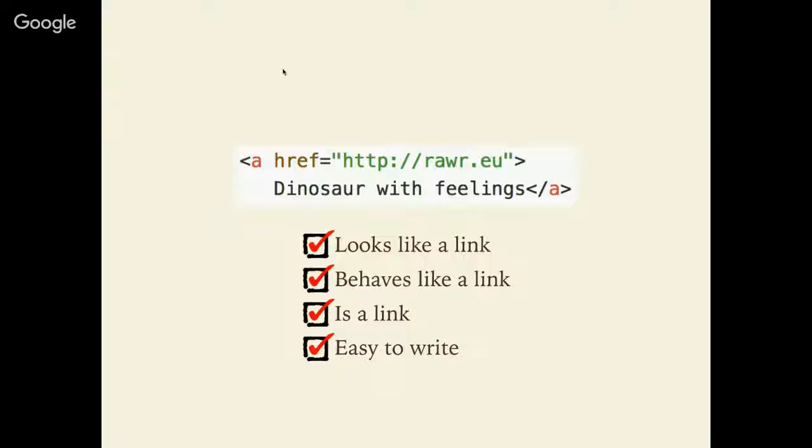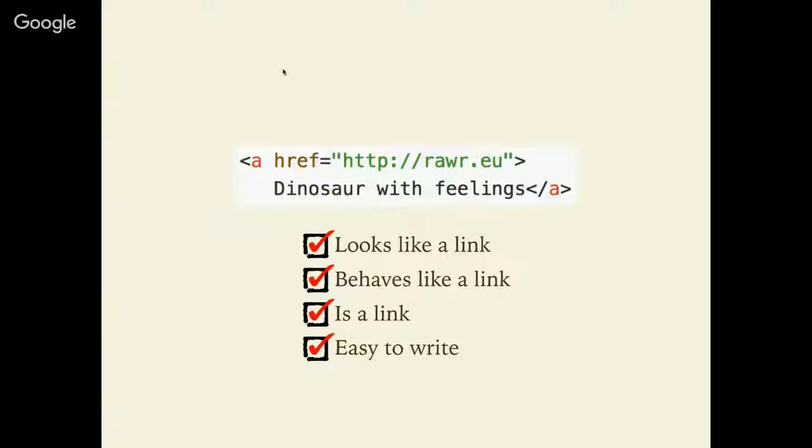The current code looks like a link because we use the anchor element, and the browser will style it like a link, even if we don't apply any additional CSS to it. It behaves as a link. We can click it, and we can right-click it, open it in a new tab or new window or whatever.